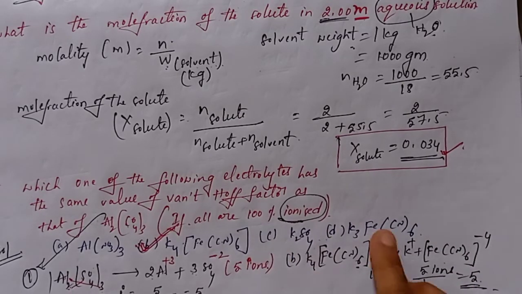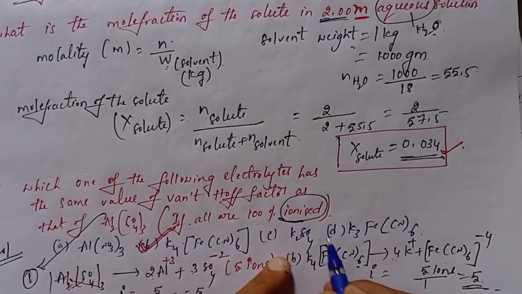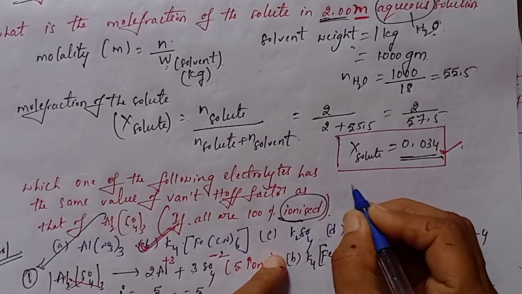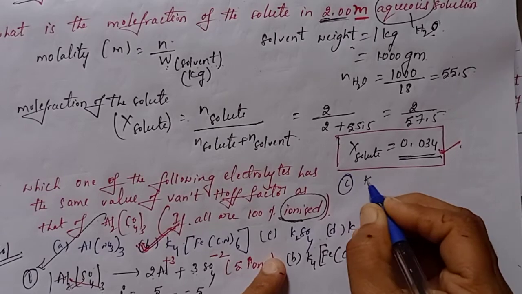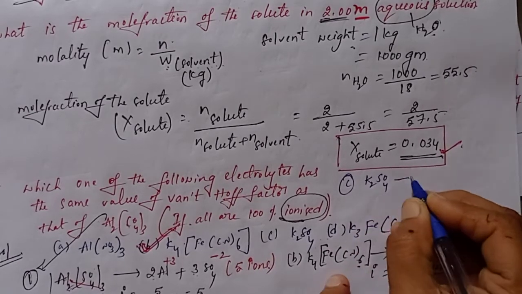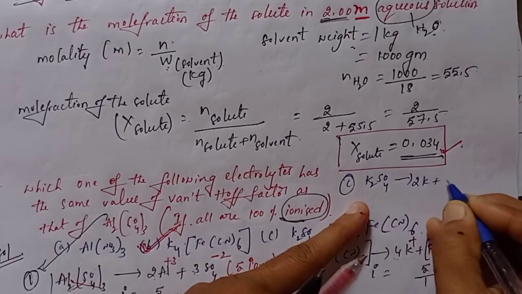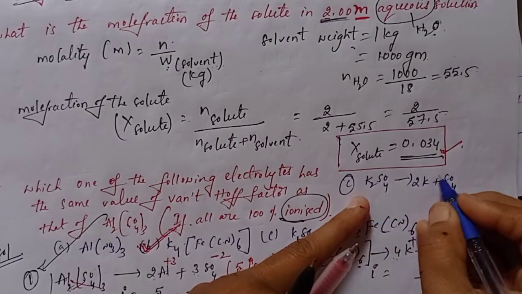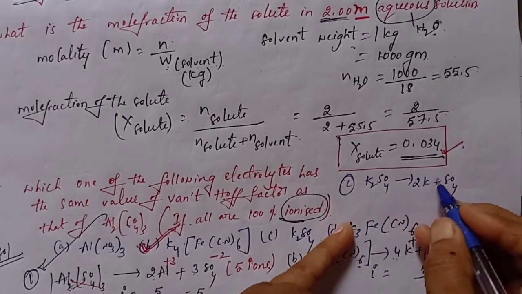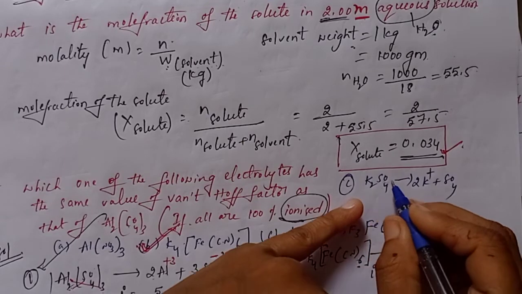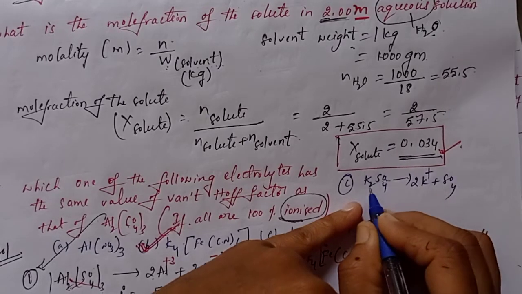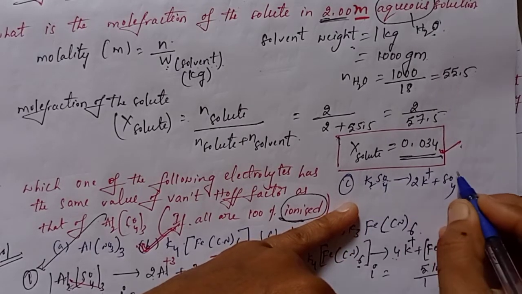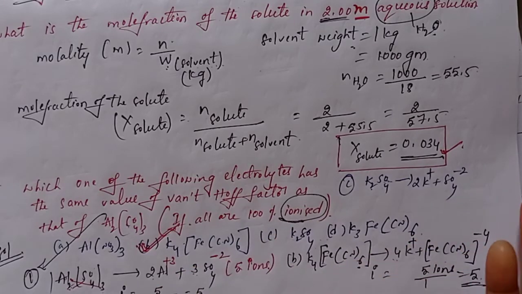And one more, C and D options are there. C, students, C value. C is potassium sulfate. Here I am doing, students, C option. K2SO4, potassium sulfate. How many potassiums? 2 potassiums, 1 SO4. Potassium charge is how much, students? Plus 1, and sulfate only 1 is there. And since 2 potassiums are there, this number comes to the charge of sulfate, SO4 minus 2.